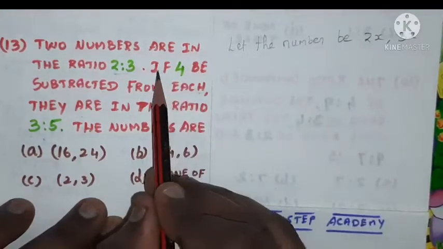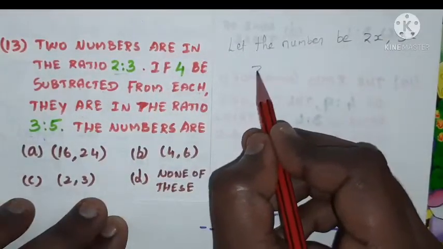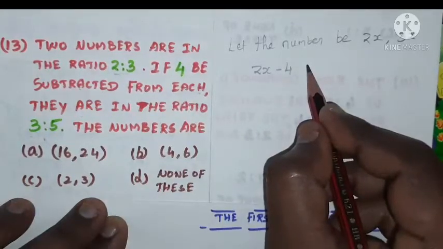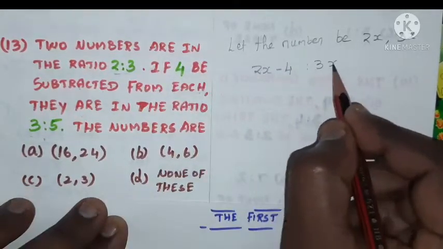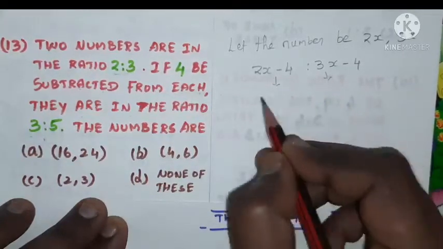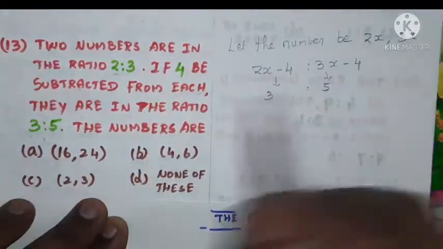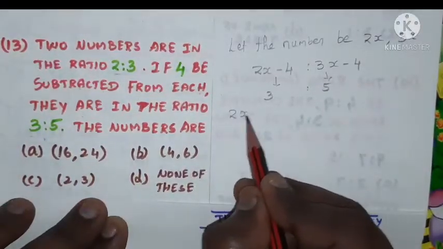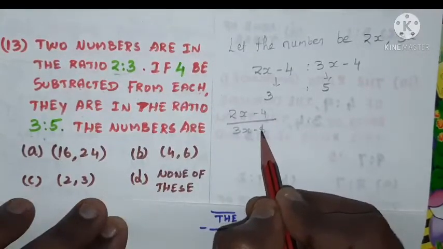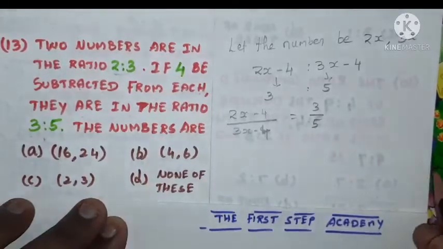Now the condition is, if 4 is subtracted from each, 2x minus 4 is to 3x minus 4, then the ratio becomes 3 is to 5. Now this can be written in another form like 2x minus 4 by 3x minus 4, which is equal to 3 by 5. Am I right?